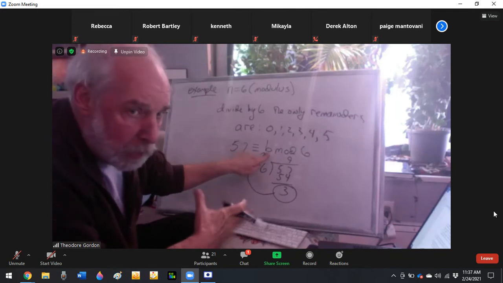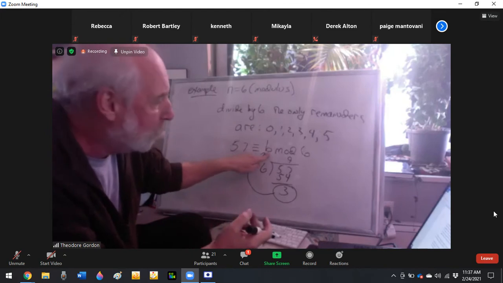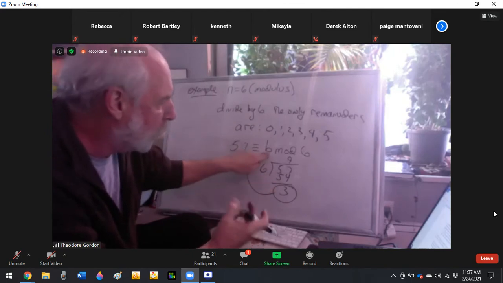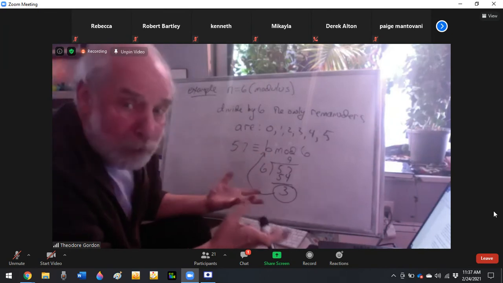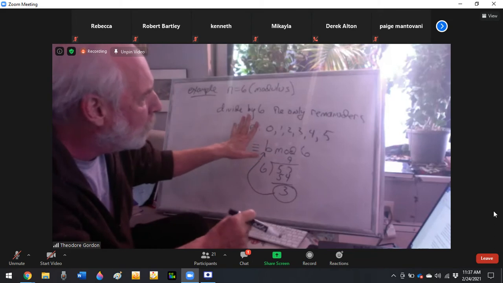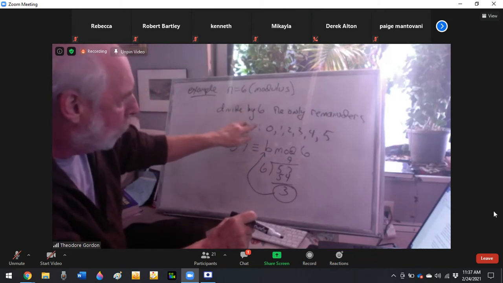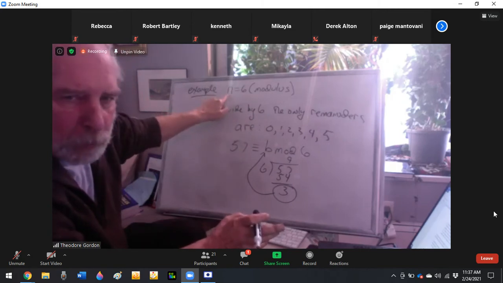There's actually an infinite number of solutions, but they're all equivalent. You just keep adding 6 to this and you're going to keep getting valid congruences here. So why use bigger numbers when the littlest one will do? We're going to be mostly concerned with the smallest non-negative remainders whenever we divide by n.